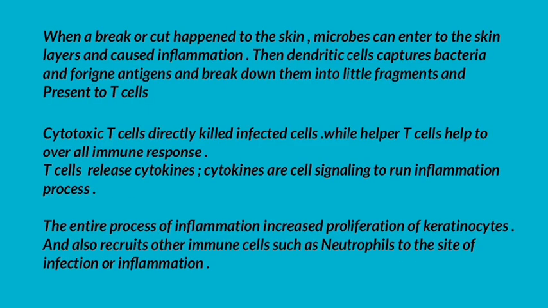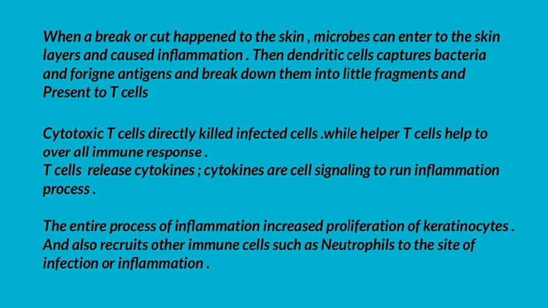When a break or cut happens to the skin, microbes can enter the skin layers and cause inflammation. Then dendritic cells capture bacteria and foreign antigens, break them down into little fragments, and present them to T cells. Cytotoxic T cells directly kill infected cells, while helper T cells help the overall immune response.